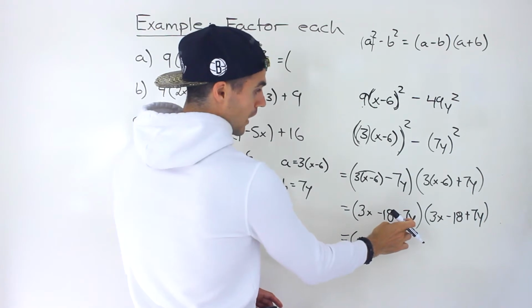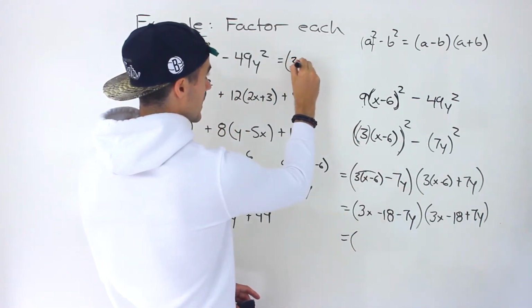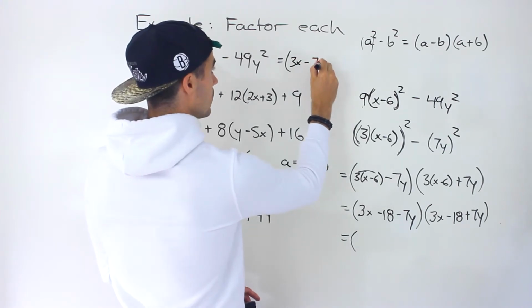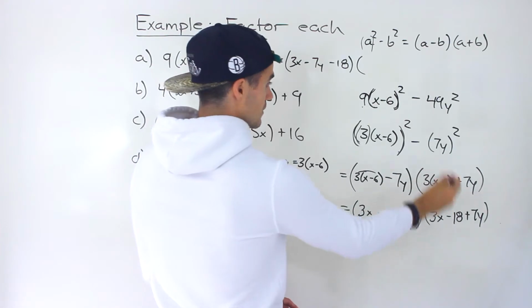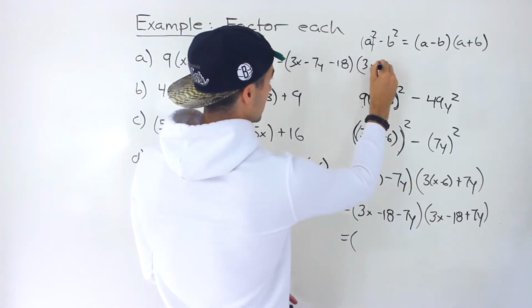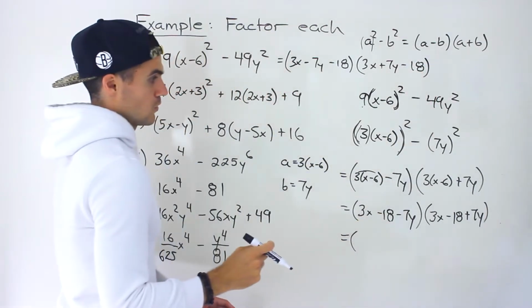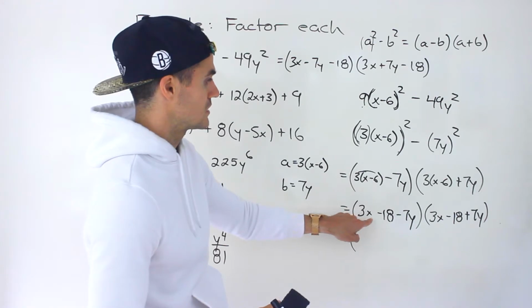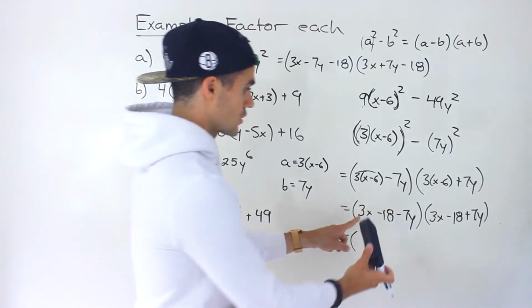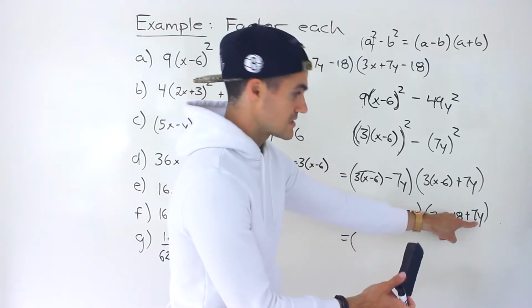If you want to put the y over here and then the constant at the end, so you could write 3x minus 7y minus 18 times 3x plus 7y minus 18, whichever way you want to leave it in. It might be actually better to leave it in this format so you could see both of those terms, like the a value minus the b value, the a value plus the b value.